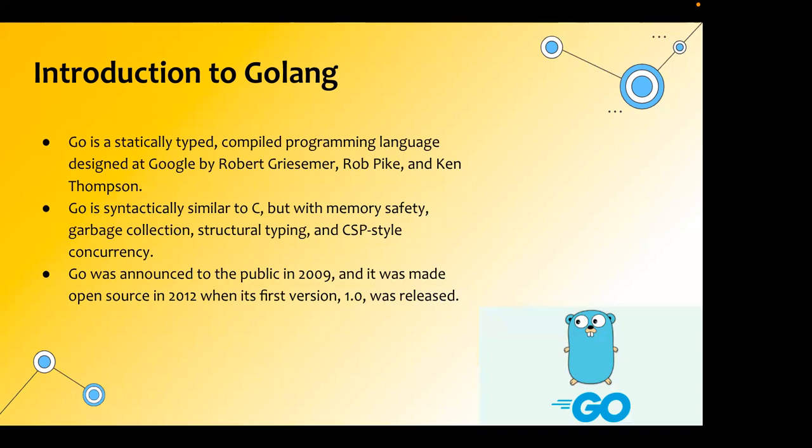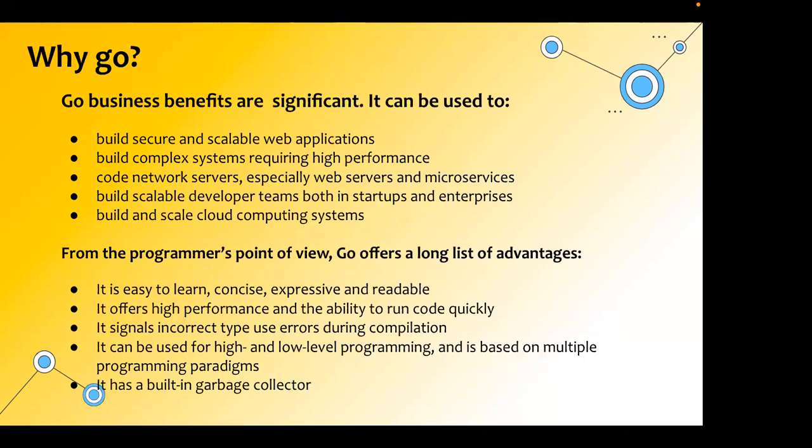Okay, so this is the introduction of Go, and now why we should use Golang, from the business perspective as well as the developer perspective. So let's talk about the business first. To build secure and scalable web applications, Golang is widely used nowadays.